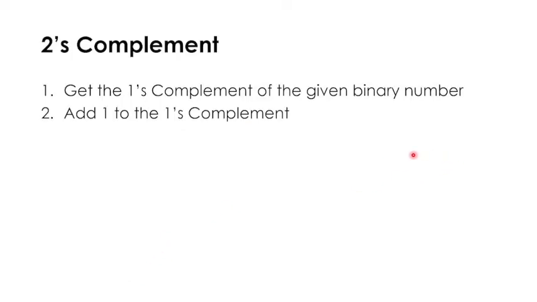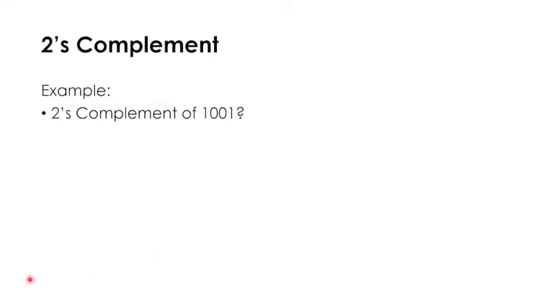Now let's move to the twos complement. In order to get the twos complement, first we have to get the ones complement of the given binary number. Then after we get the ones complement, we will add 1 to it. So let's try to apply this to some examples.